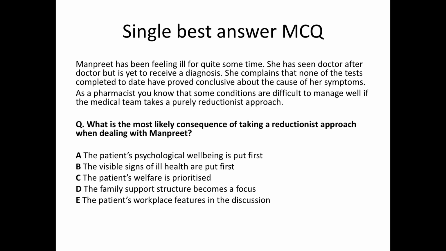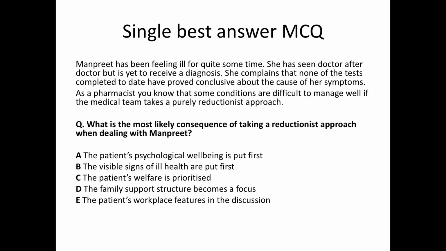The options there are: the patient's psychological well-being is put first, the visible signs of ill health are put first, the patient's welfare is prioritised, the family support structure becomes the focus, the patient's workplace features in the discussion. Does anybody want to offer an answer there? Yep. A? Okay, good.